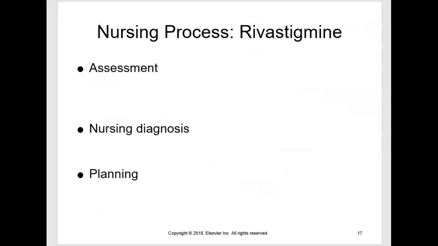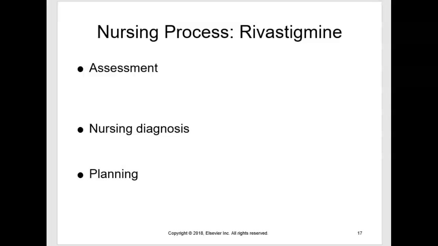Please pause the video and review the purple nursing process box that goes over drug treatment for Alzheimer's disease, and then resume the video when you've pulled out what you believe is important information. So under assessment, we want to assess the patient's mental and physical capabilities, noting any limitation of cognitive function or self-care.